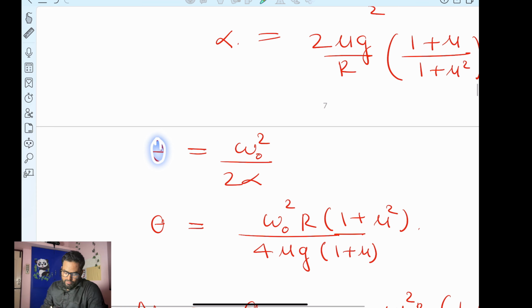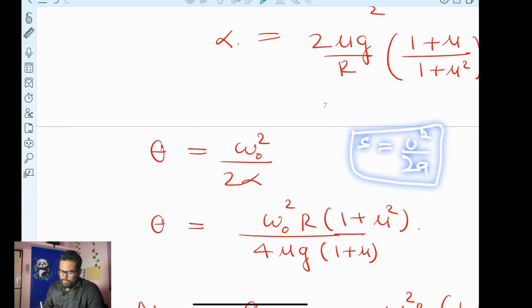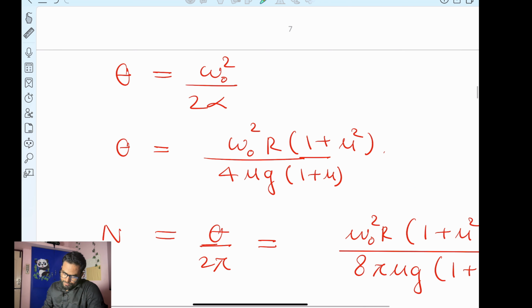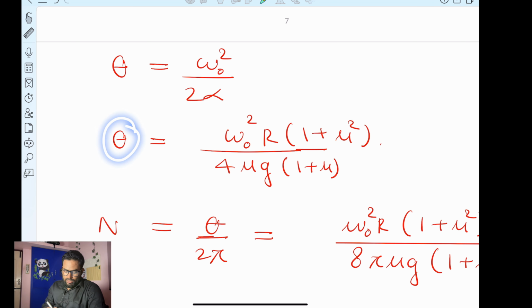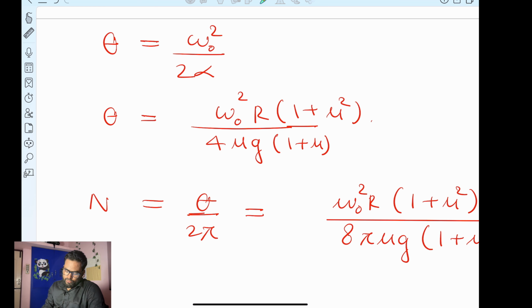After alpha we can calculate theta. That is a constant acceleration, so theta would become omega naught square by 2 alpha, using the third equation of motion, s equals u square by 2a. Putting these values, we'll get the angle the cylinder rotates before coming to rest.